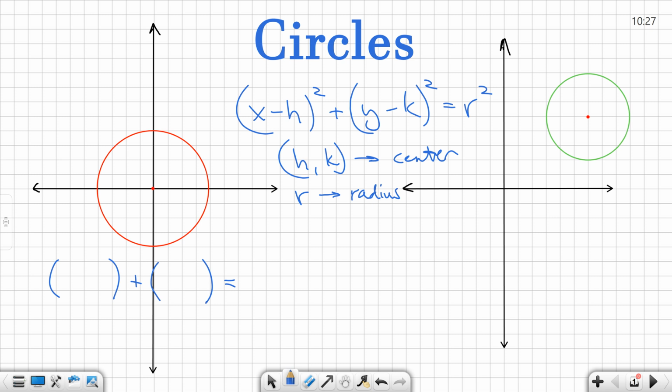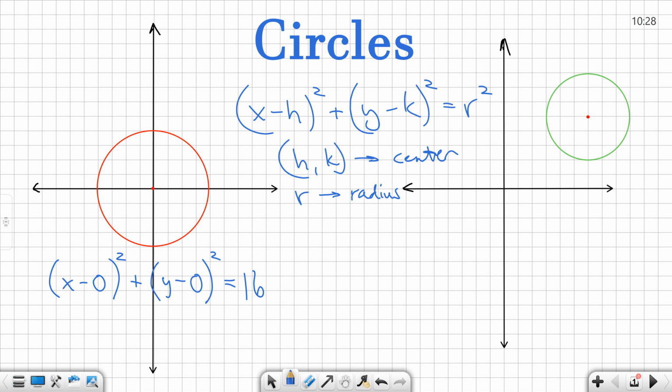Say it loud, say it proud. X minus 0 squared plus y minus 0 squared equals 4 squared. Equals what? 4 squared. Which is 16. Very good.